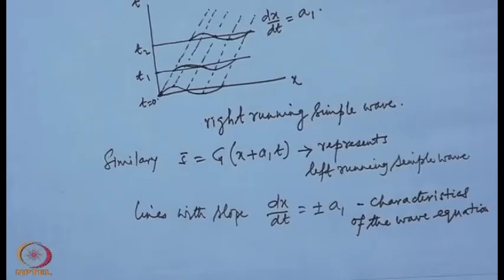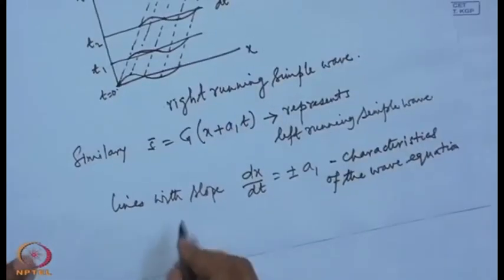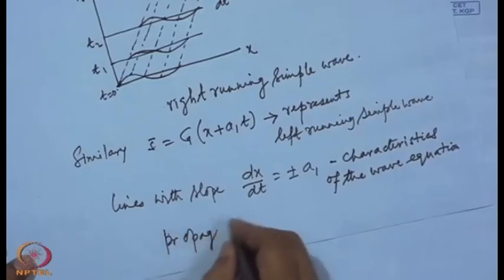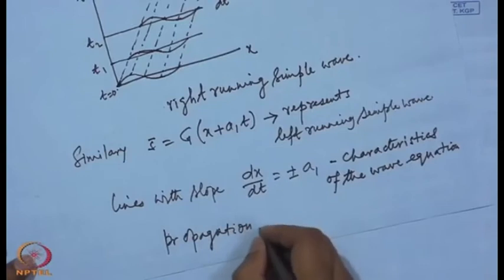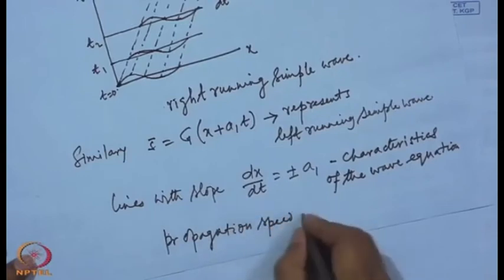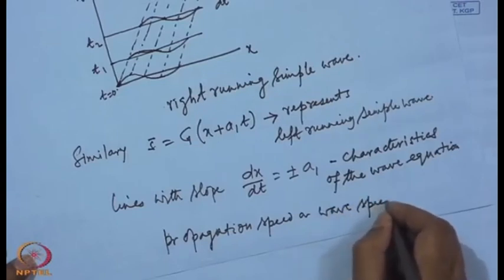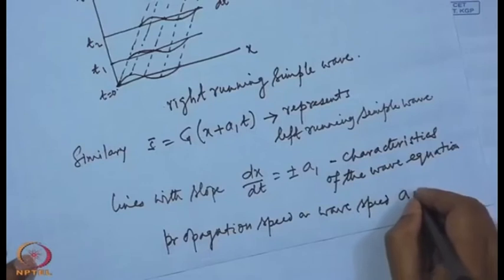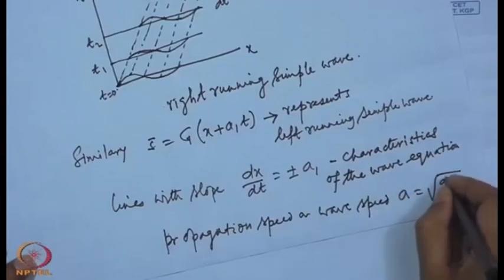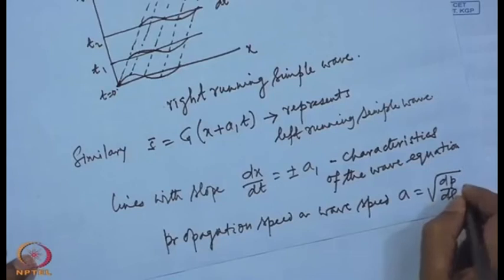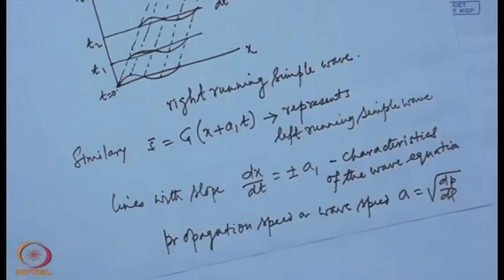The disturbance propagates through the fluid with a speed, propagation speed or wave speed is square root of d p d rho, and this is called the acoustic speed or sound speed.